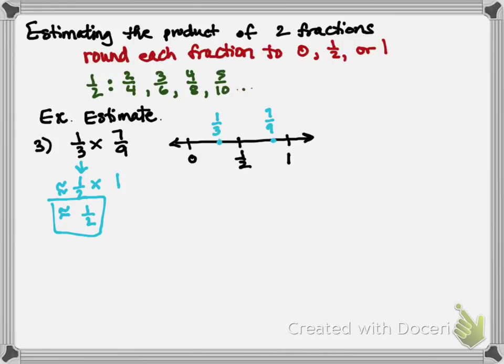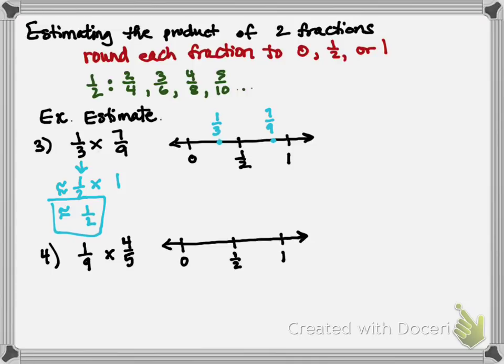All right, let's do one more. We have 1/9 times 4/5. So this one is saying, I want a little teeny slice of almost a whole. So here's your 0, your 1/2, your 1.